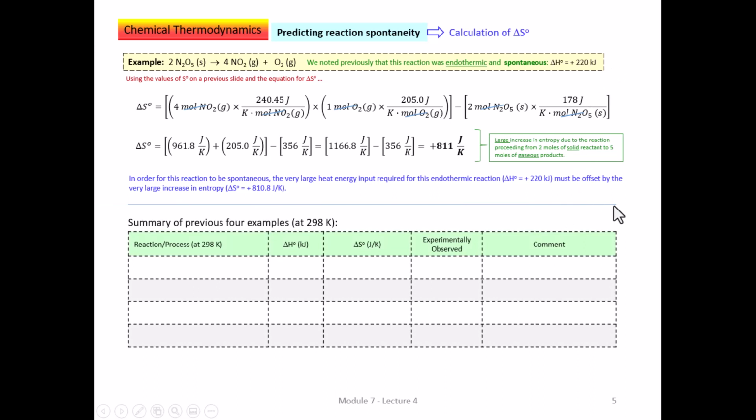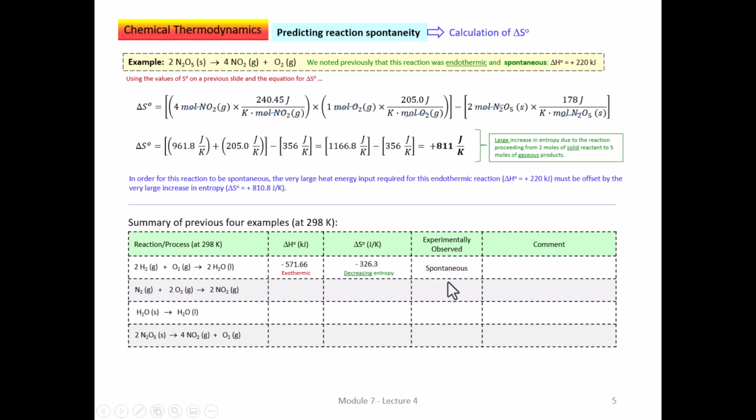So let's try to summarize what we know about these 4 examples, 3 reactions, 1 process at 298 K. Here are our 3 reactions and 1 process. I'll fill in the deltaH values. So for hydrogen and oxygen, the reaction's quite exothermic. deltaS here is negative, so we say there's decreasing entropy.